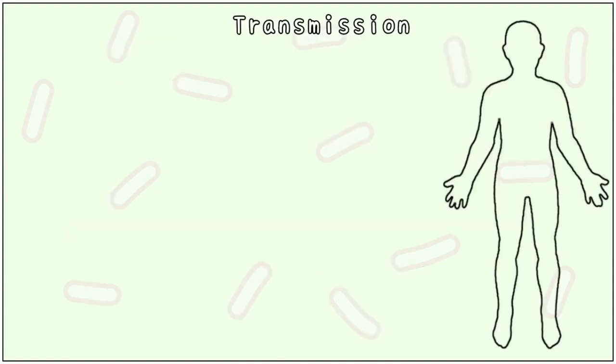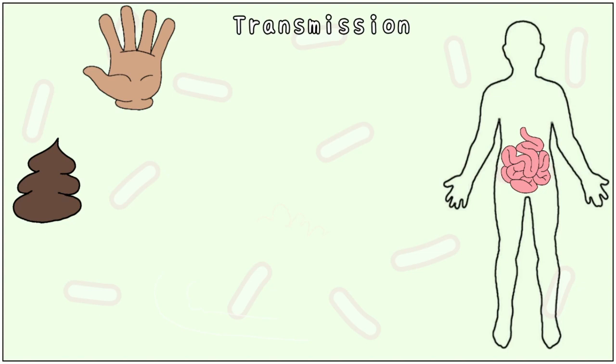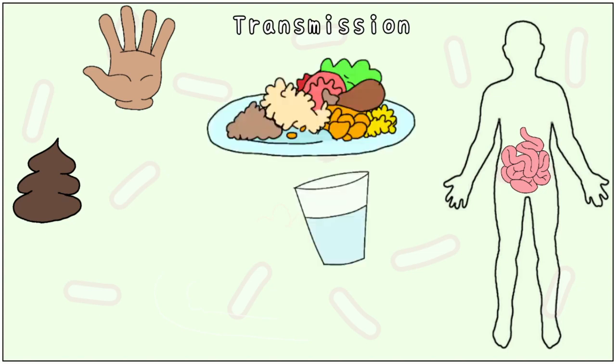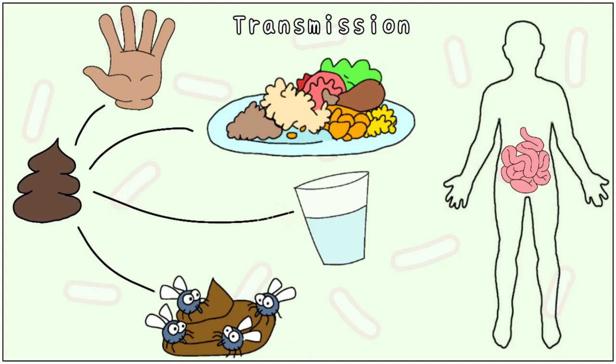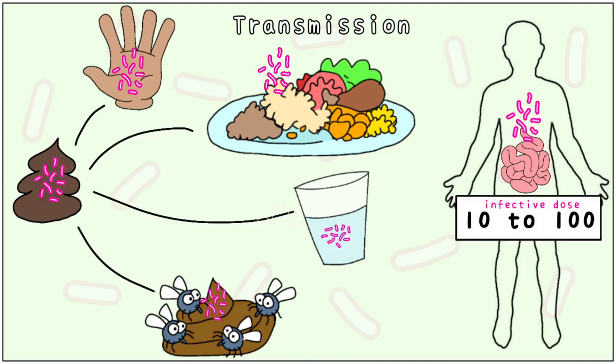Shigella only infects humans and primates. It is primarily a parasite of the intestine. It is transmitted by the fecal-oral route from the feces of an infected person through unclean hands, food, water, and flies. It takes only 10 to 100 bacilli to cause the disease, meaning it has a very low infective dose.